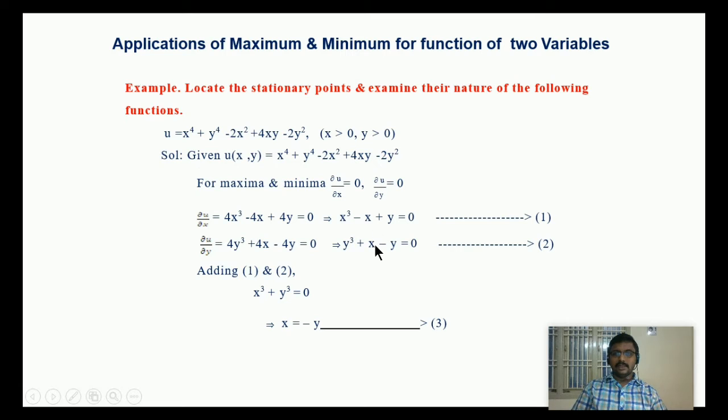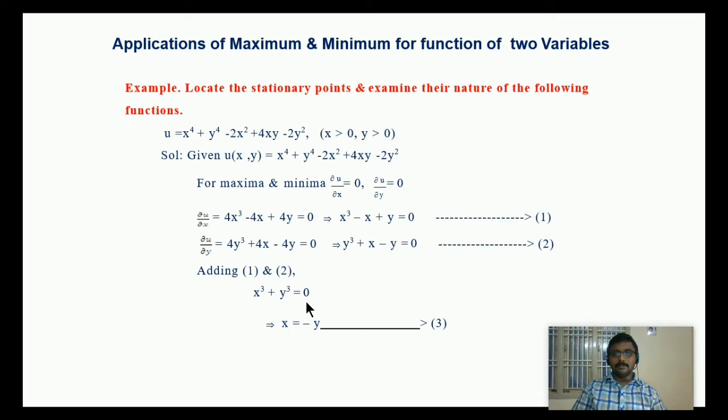Now solving these two equations to get stationary points, just adding these two equations, we will have x cube plus y cube is 0. Clearly negative x and negative y both get cancelled. So x cube plus y cube is 0. It looks like a cube plus b cube, and the formula is a cube plus b cube is (a plus b) into (a square minus ab plus b square).